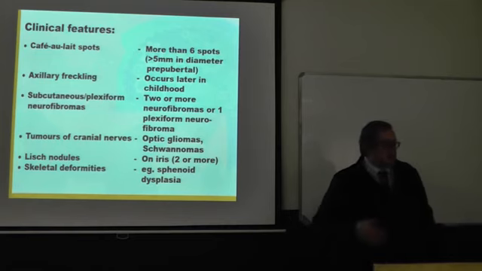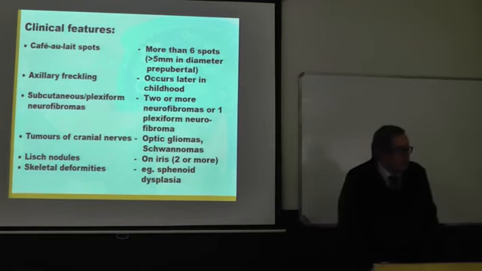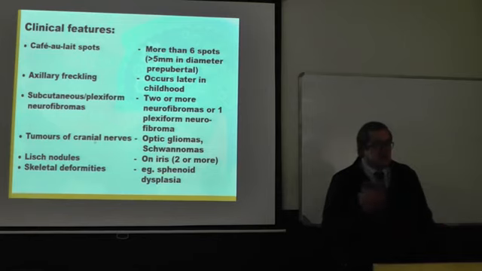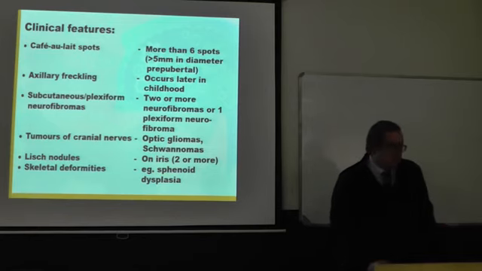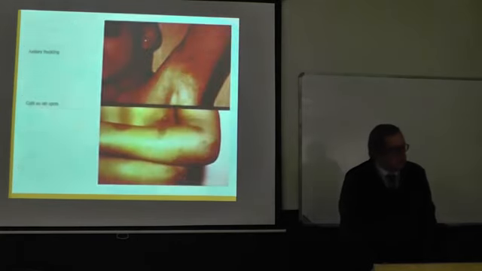And only later they typically have these axillary freckling. They may have subcutaneous or plexiform neurofibromas. They may have tumors of the cranial nerves, so that's why they need frequent examinations, endoscopies. They may have Lisch nodules, of which I'll show you an example, and they may have skeletal deformities.